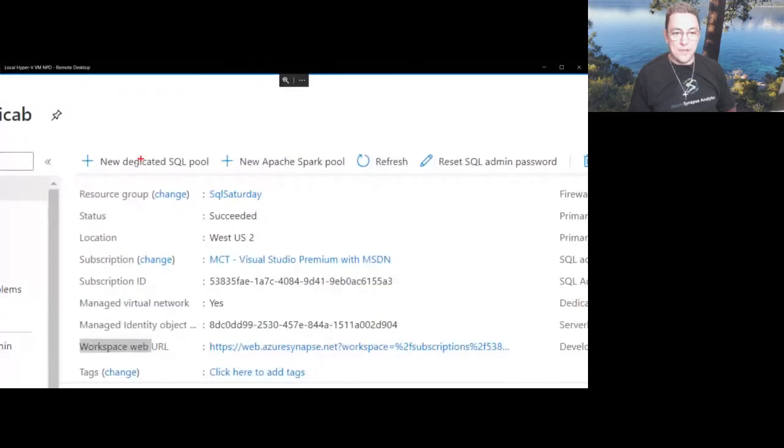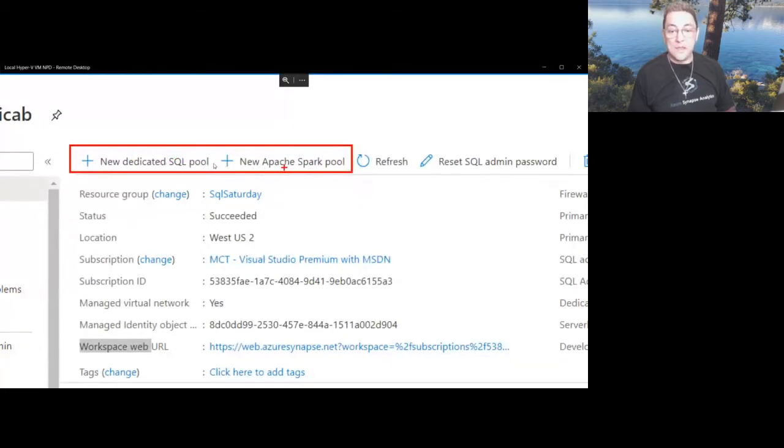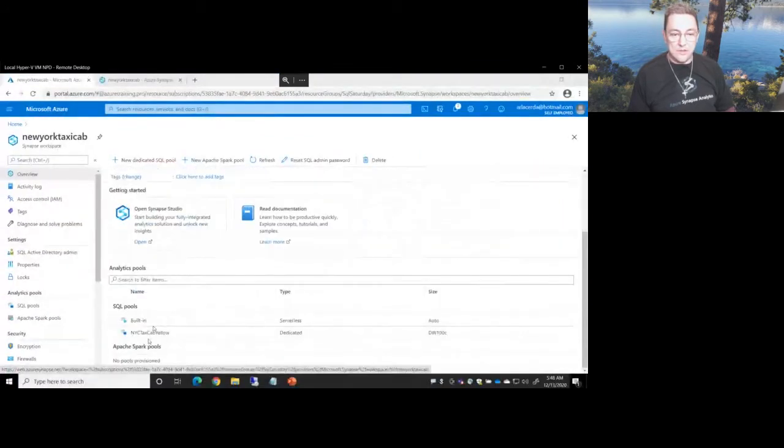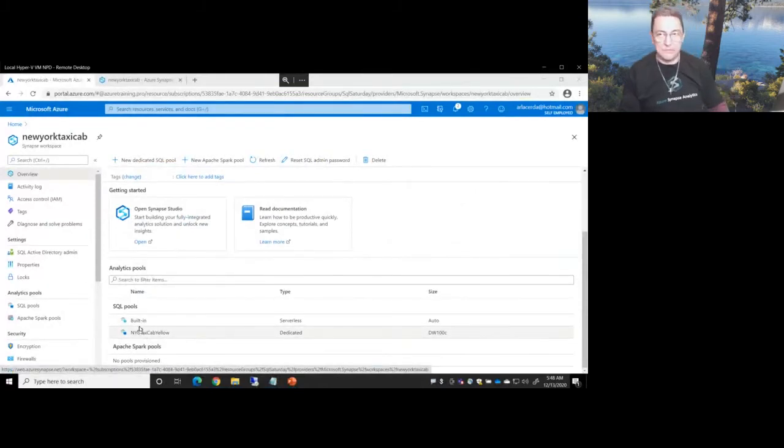So I hope you have noticed here at the top right center of the screen that we can add dedicated SQL pools and Apache Spark, right? So I have not added any Apache Spark to my environment yet. If I browse down here, you can see I have no Apache Spark, but I have two database engines, right? Two SQL Server database engines.